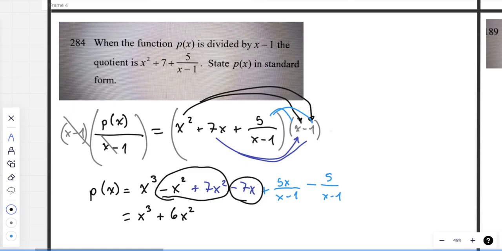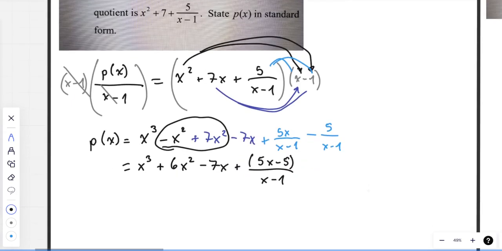Here we have minus 7x, so let's just keep that. Here we have 5x and minus 5 all over x minus 1. I can actually combine that under the same denominator. Notice how that's the same thing as 5 times x minus 1 divided by x minus 1.